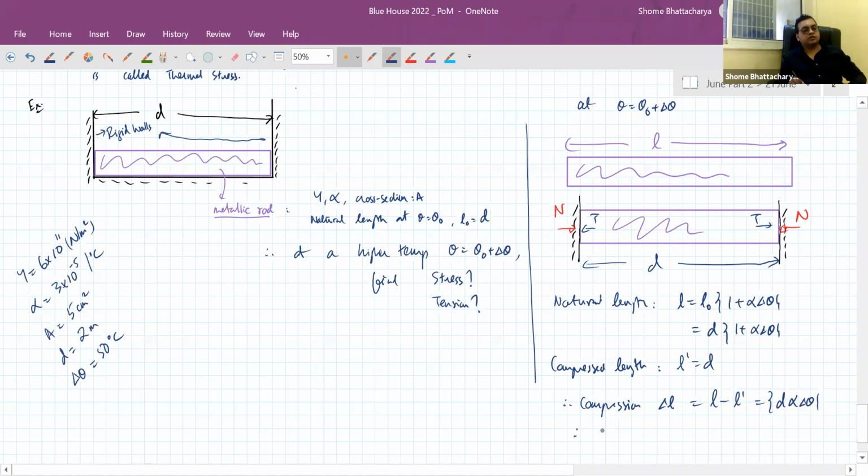So therefore the compressional strain delta L by L is equal to this value.